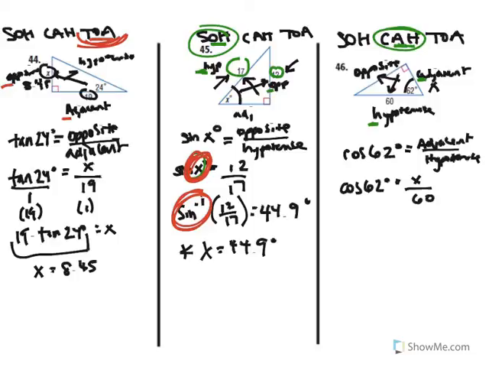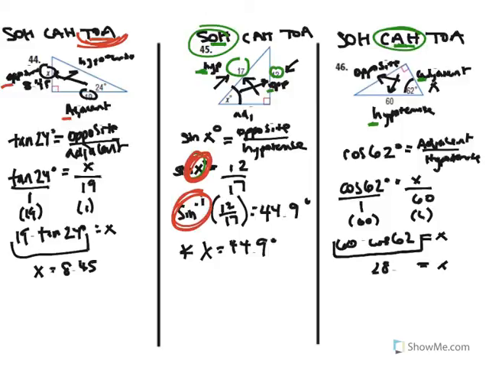So now I need to get rid of my fraction. And I get 60 times the cosine of 62 equals x. So I plug 60 times the cosine of 62 into my calculator, and I get x equals 28.2.